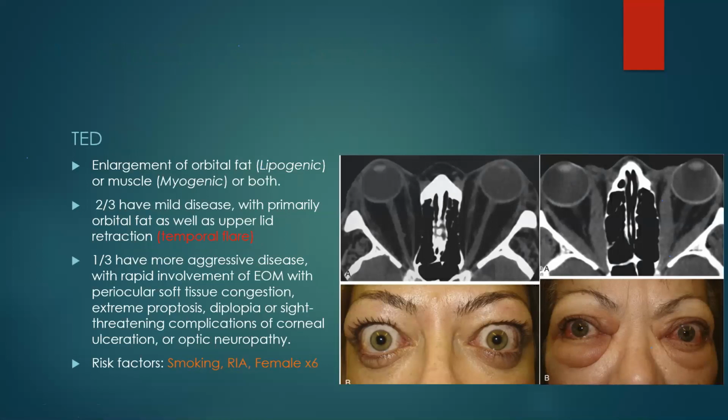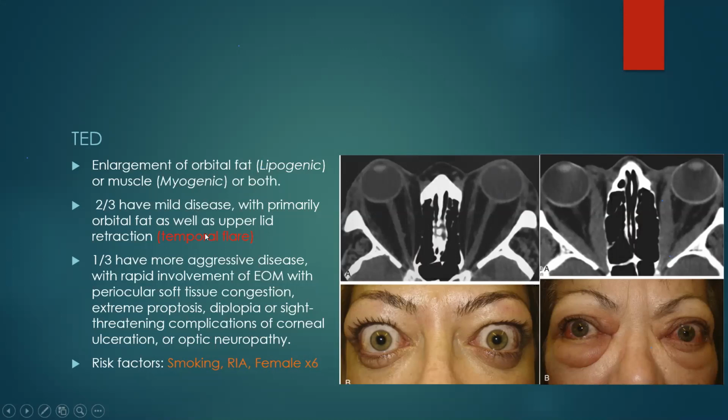So the pathology can be confined only to the orbital fat part. We call it lipogenic, or to the extraocular muscles, and we call it myogenic subtype, or sometimes it can be mixed.